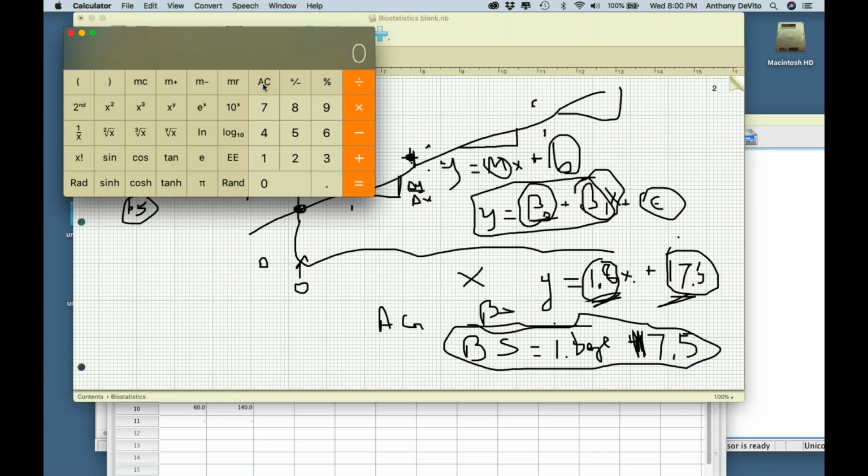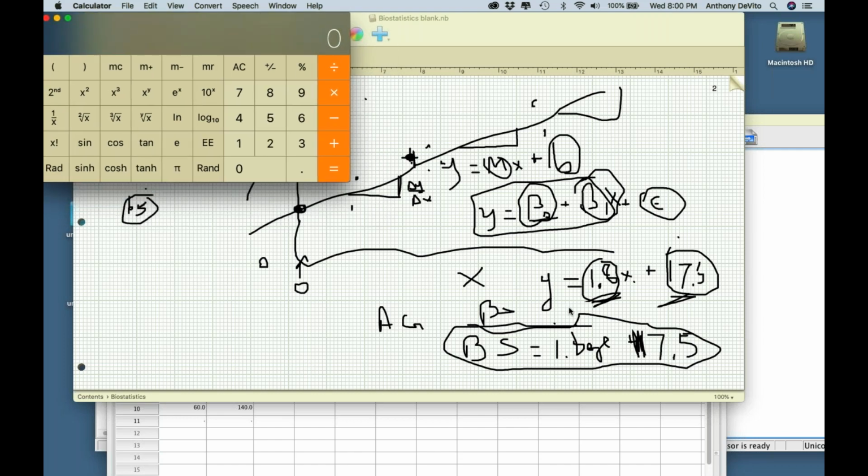Okay, I got somebody answering really quick. Now, Betty, I'm going to do that now and see if Betty is right. So, a 30-year-old person. We have 30 times 1.8, age times the slope, which is equal to 54. I'll put that into memory and clear it, and add 17.5 to it.